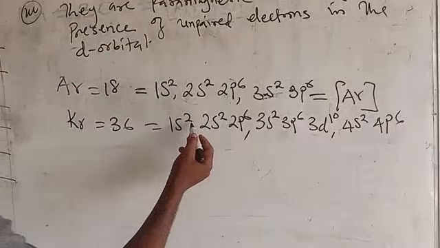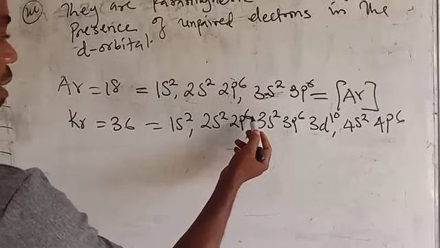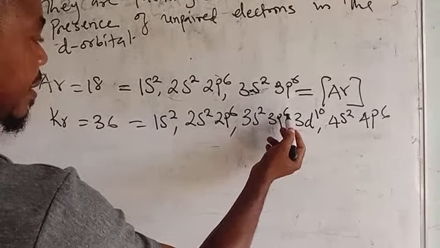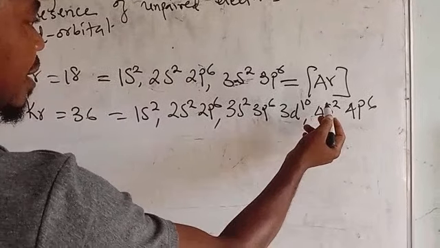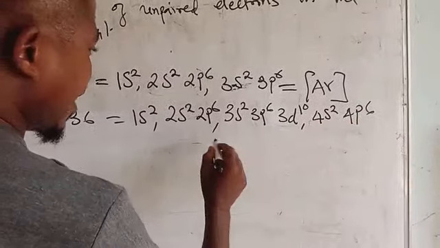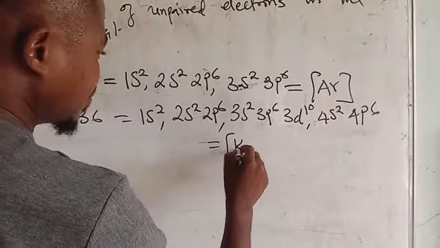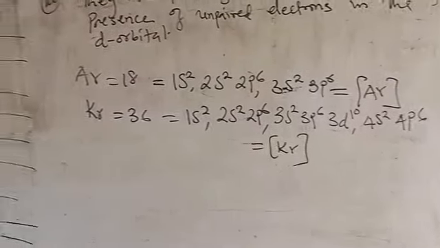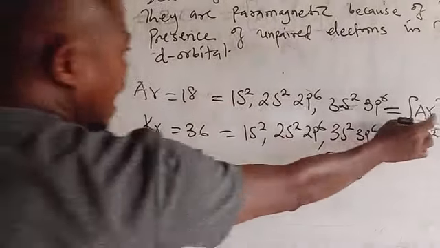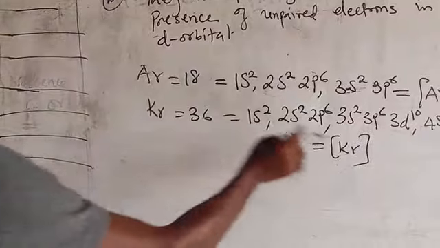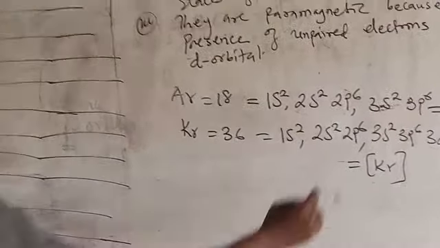Let's count. 2, 4, 10, 12, 18, 28, 30, 36. And you can refer to this as the krypton core. We'll be using it in our configuration. Anytime you see this, it is an argon core representing the whole of this configuration. You see this is the krypton core and it represents the whole of that configuration.